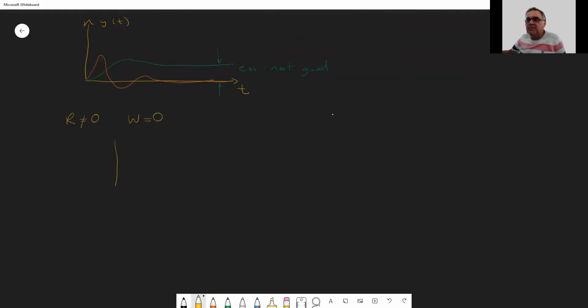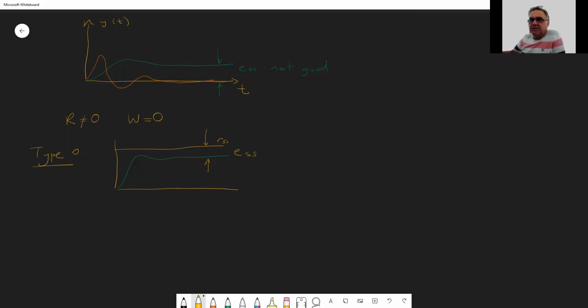If you have a type 0 system and a step input R, your type 0 system has some steady state error to a step input. This is ESS, type 0.